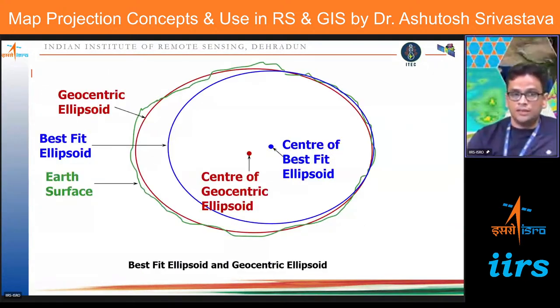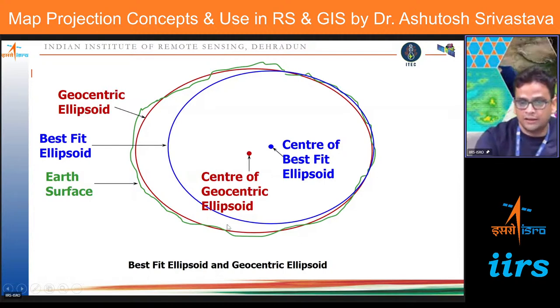If you see here, the geocentric ellipsoid, in red, almost matches the Earth's surface, and its center coincides with the Earth's center. And the center of the best fit ellipsoid, the blue one, on its right side, may be suitable.